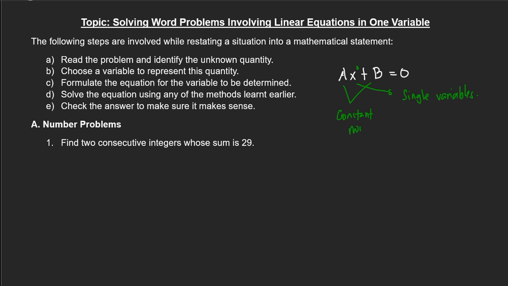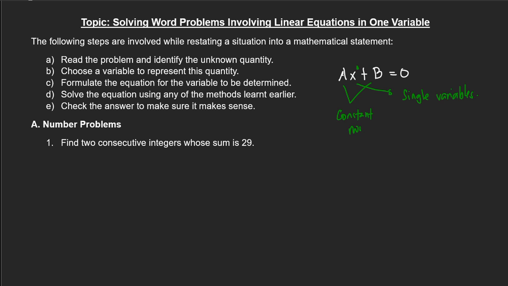So, ibig sabihin, once you read the problem, you have to know kung ano yung mga unknown quantity. Then, choose a variable to represent this quantity. It could be, pwede mo i-assign as x, pwede mo i-assign as y, a, b, or c.